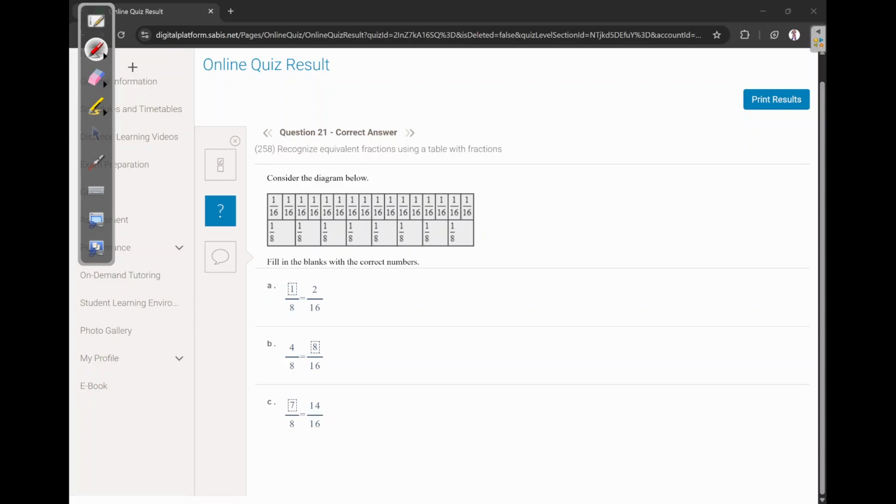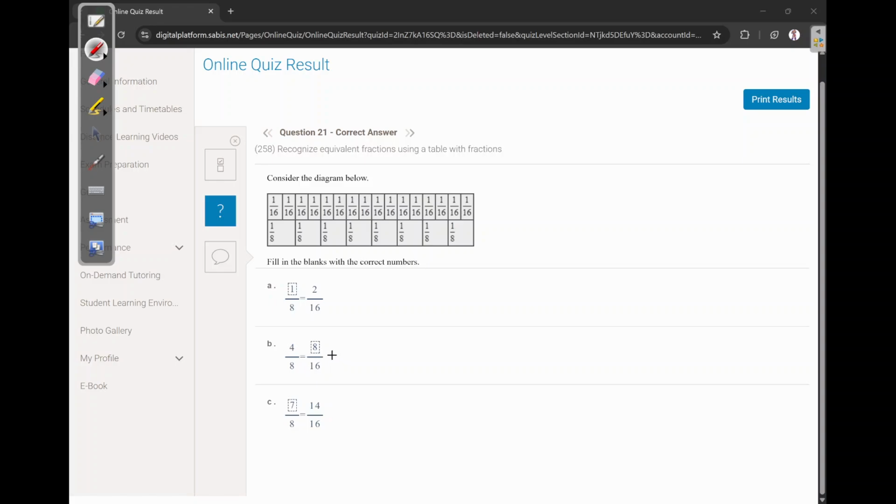A. 8 times 16 divided by 8. Wait, no. It's 16 divided by 2 equals 8, and then 2 divided by 2 equals 1 out of 8. 8 times 2 equals 16.